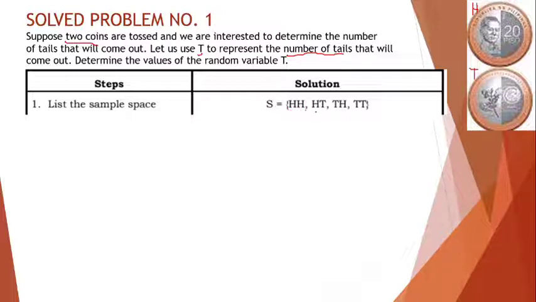The second outcome: the first coin is head and then the second one is tails. The third outcome indicates the first coin resulting in tails and then the second one is heads. Maybe the last outcome, they are both tails.